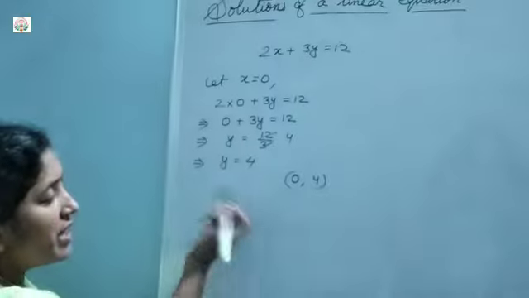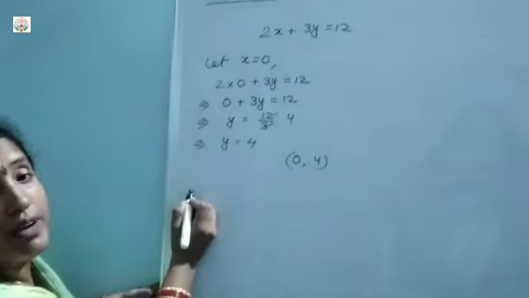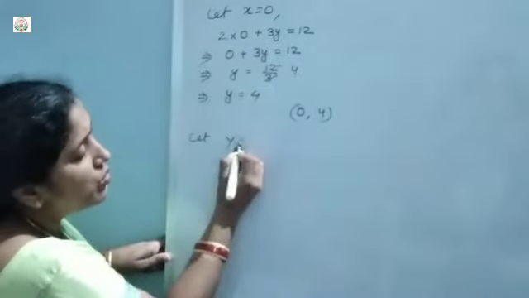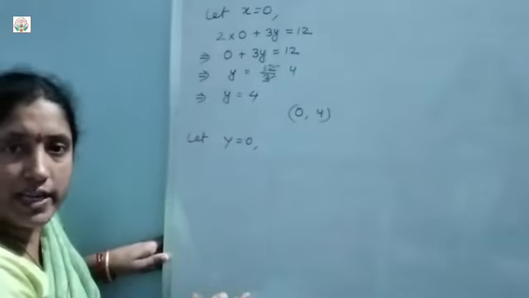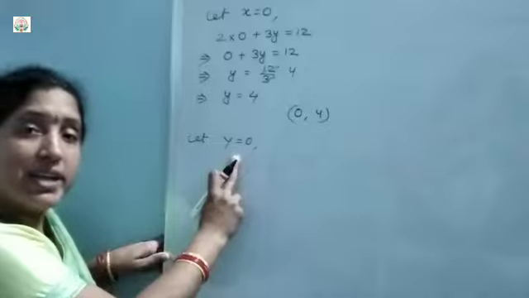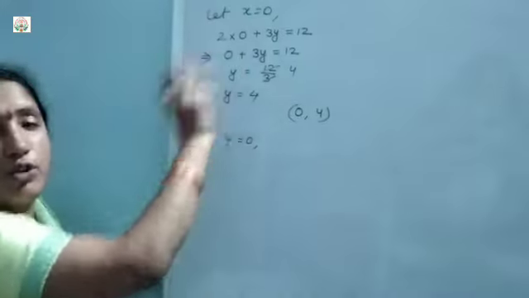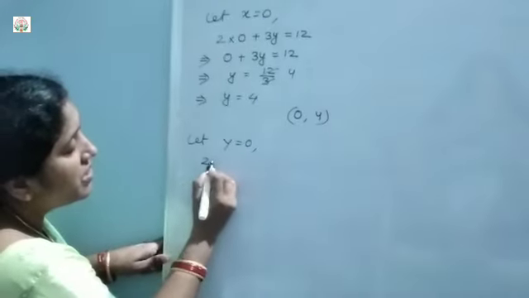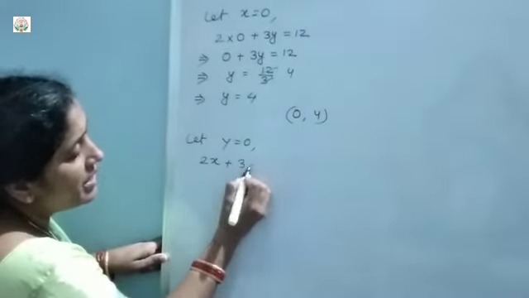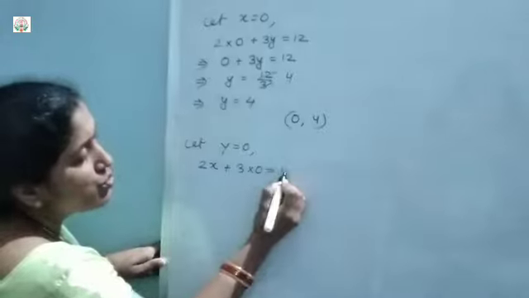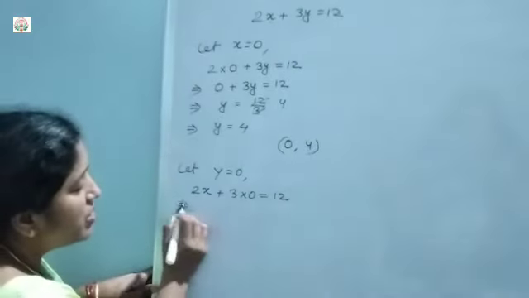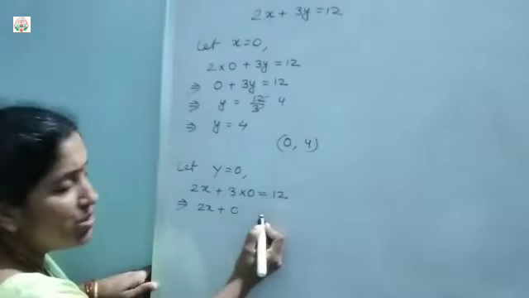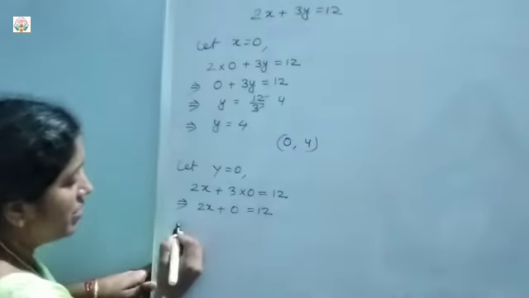Now next, we will assume the value of y as 0. Let y = 0. Second time, we are assuming the value of y as 0 and we will get the value for x. So put the values: 2x + 3 into 0 = 12. Implies 2x + 0, because 3 into 0 will be 0 only, = 12.